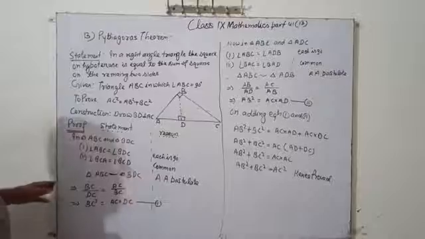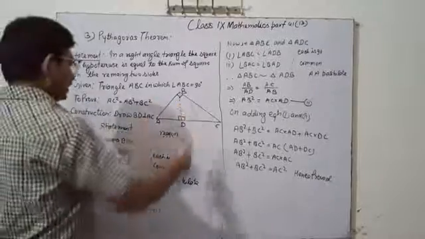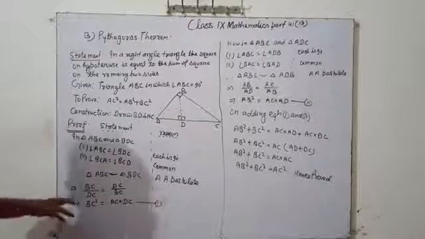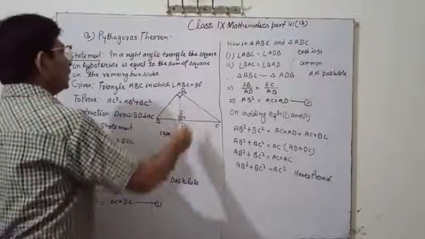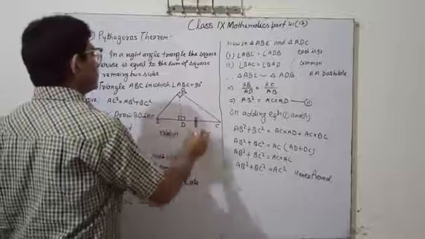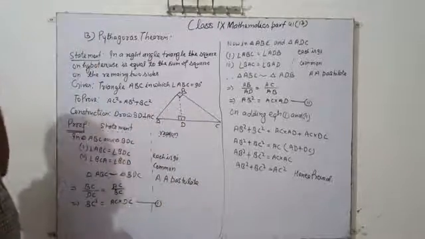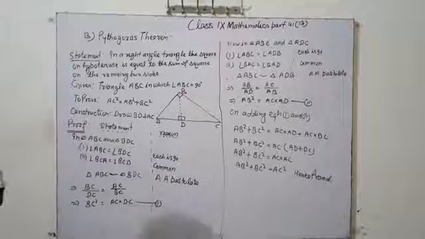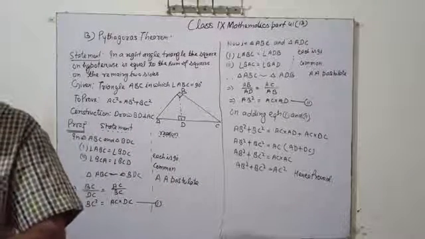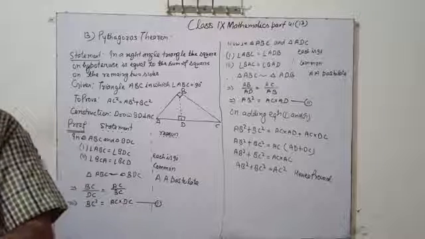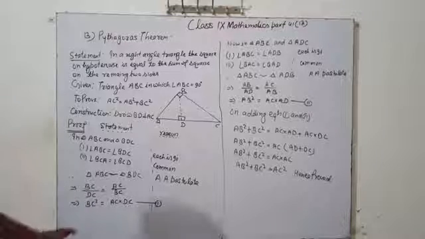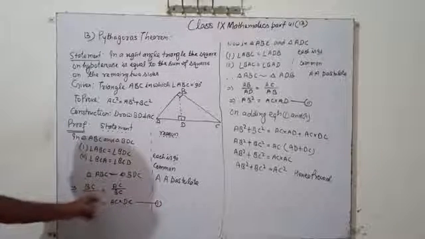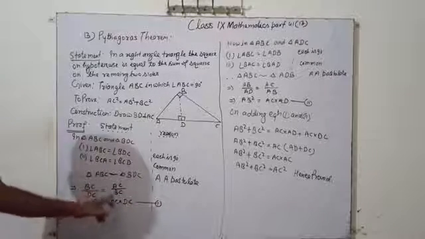Therefore, BC upon DC equal AC upon BC. Why? Because the corresponding sides of similar triangles are proportional. So from this, cross multiplication, BC square equal to AC into DC.